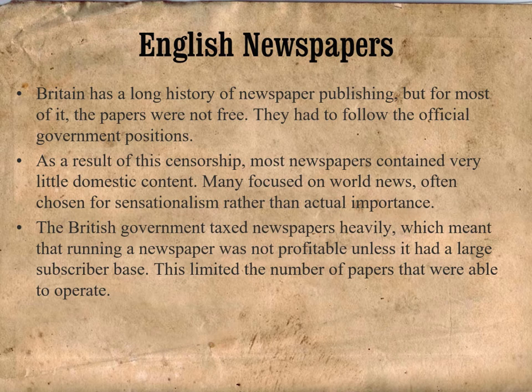And they had to be lockstep with the government all the time, or else they would be targeted. So, you know, it takes a special kind of person to get involved in a thing like that. And again, most of them had very little domestic content. It was mostly world news and often just sensational stuff, not really anything that was of actual importance.